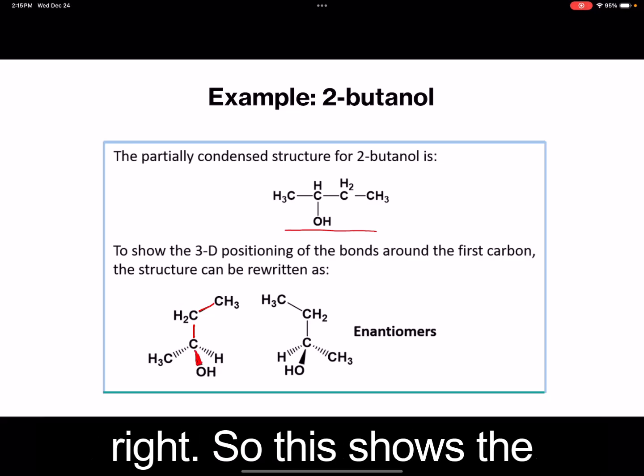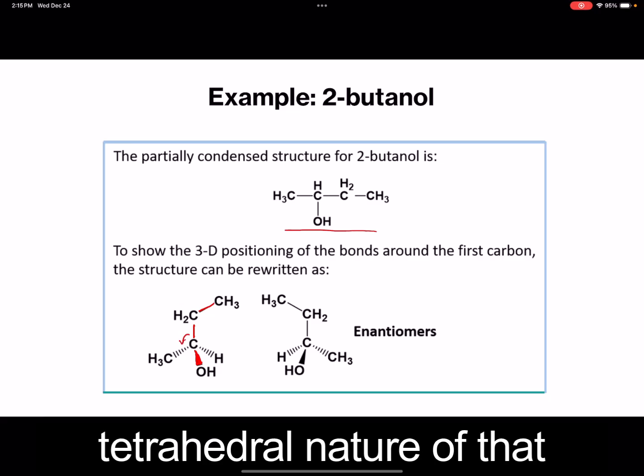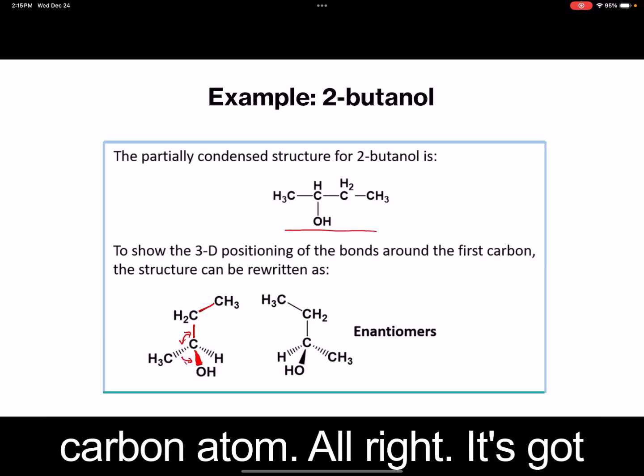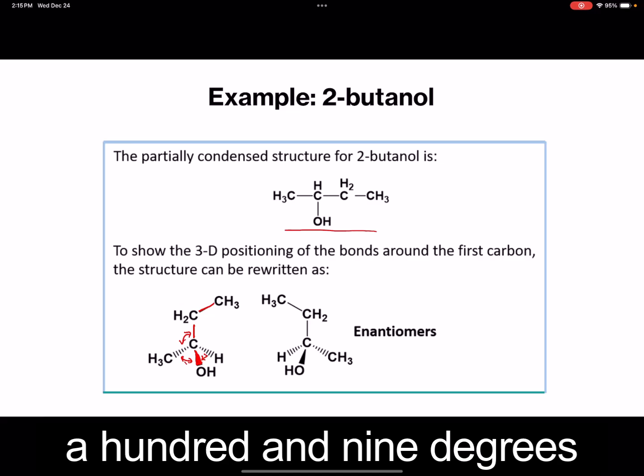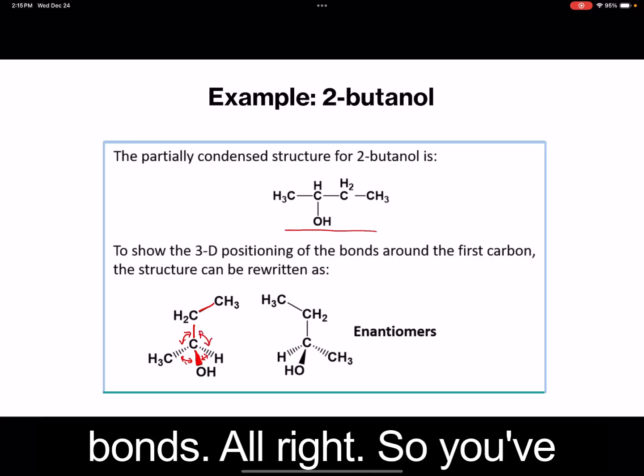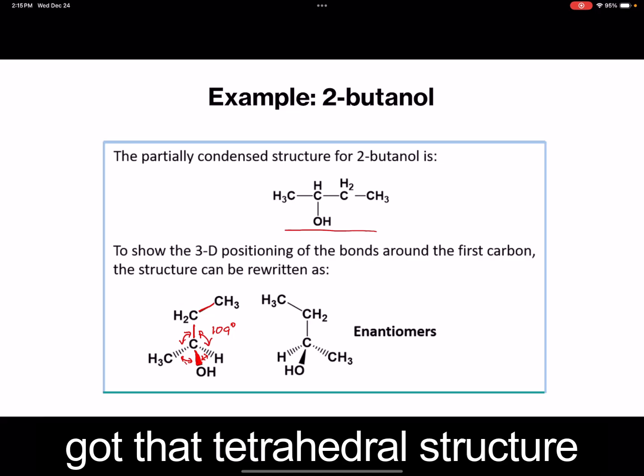So this shows the tetrahedral nature of that carbon atom. Right? It's got 109 degrees between each of these bonds. So you've got that tetrahedral structure.